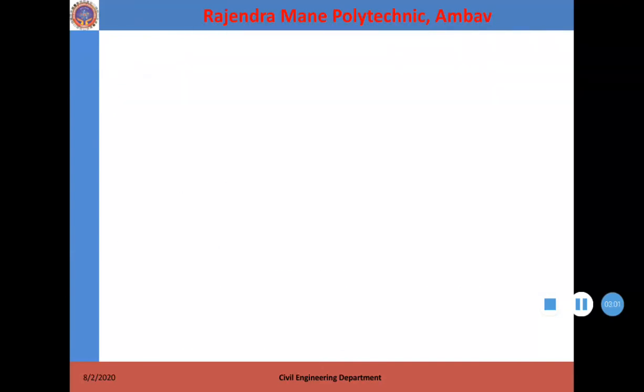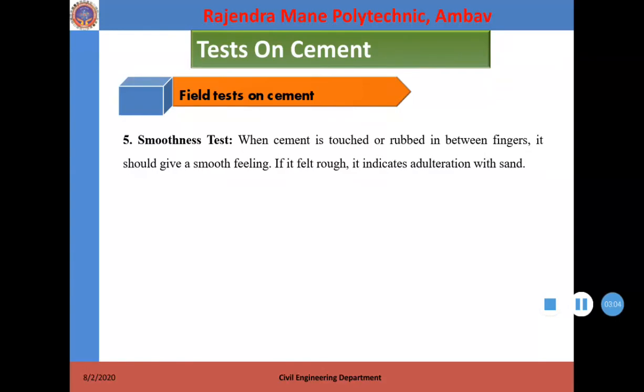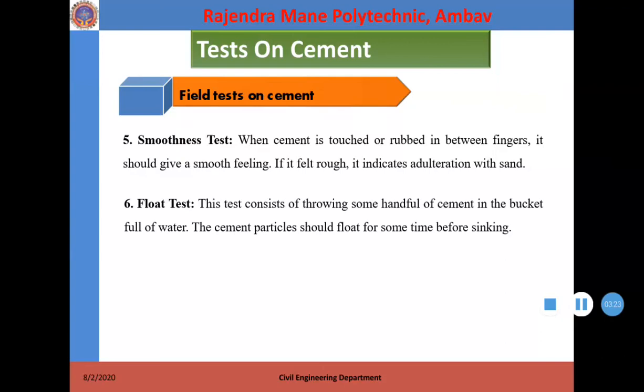Then the next test is the smoothness test. When cement is touched or rubbed between the fingers, it should give a smooth feeling. If it feels rough, it indicates adulteration of cement with sand or stone dust.